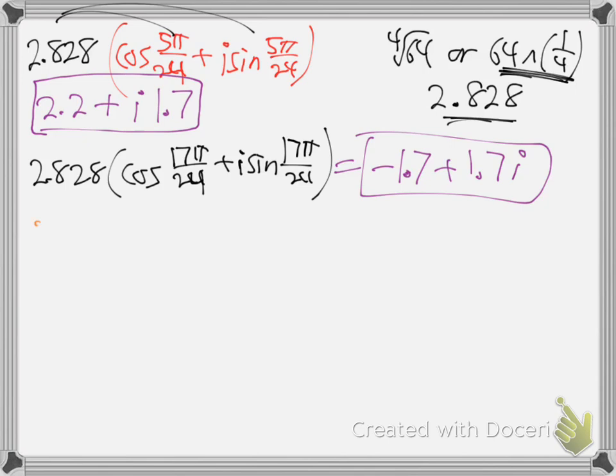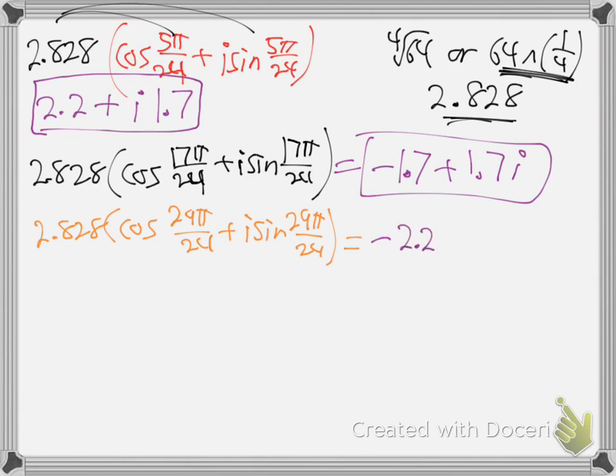Then I'll go on to the third answer. 2.828 cosine, what is it, 29 pi over 24 plus I sine 29 pi over 24. So then I'll do that one, 2.828 times. I got something else for the second part of the previous one, and third, I got negative 2.8. Did you?